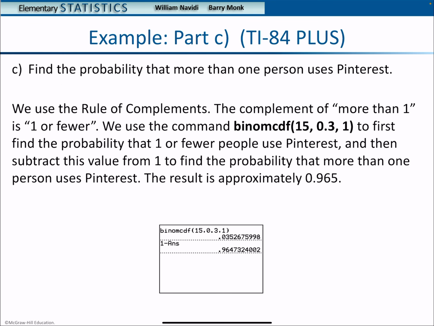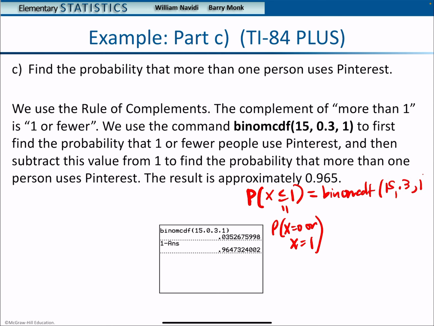More than one person, you can do the rule of complements. That would be 0 or 1, so we would use binom CDF. So the probability of x being 0 or 1, or x less than or equal to 1, that's the same as saying the probability of x equal 0 or x equal 1. That's going to be binom CDF, and that's 15, 0.3 and then 1.